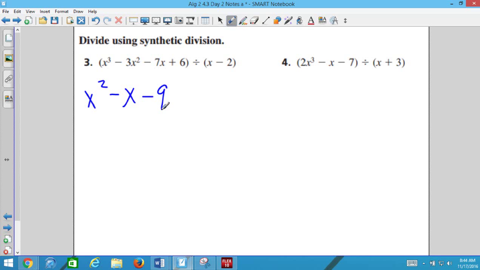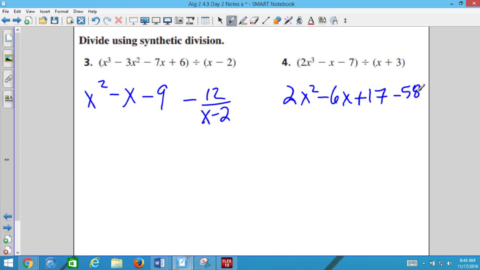Fast forward on that part. Minus 12 over x minus 2. Some of you put plus negative 12, and that's totally fine also. Number 4, you should have 2x squared minus 6x plus 17 minus 58 over x plus 3.